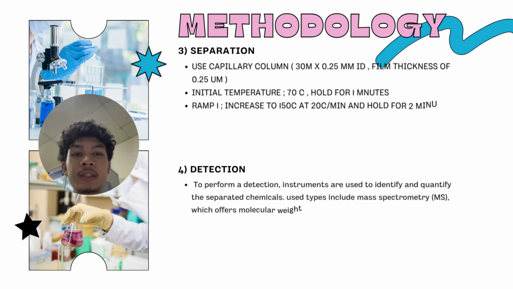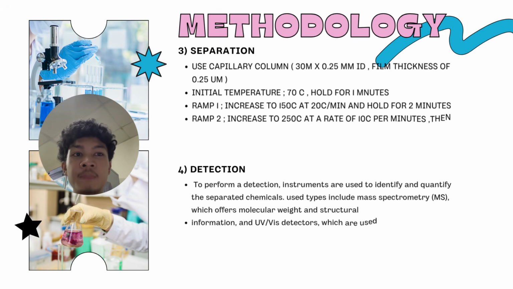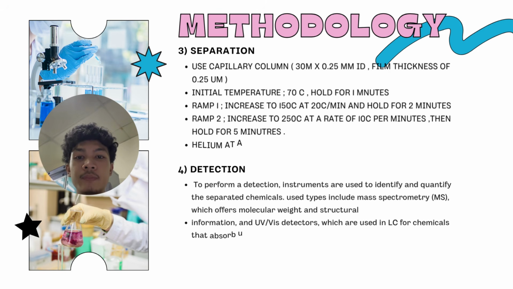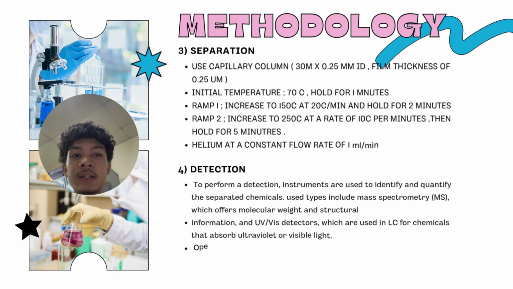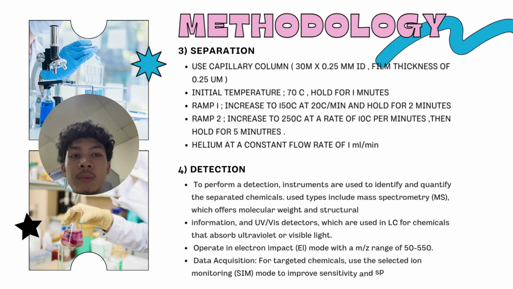Ramp 1, increase to 150 Celsius at 20 Celsius per minute. Hold for 2 minutes. For ramp 2, increase to 250 Celsius at 10 Celsius per minute. Hold for 5 minutes. Helium gas was used as the carrier at a 1 ml per minute flow rate.